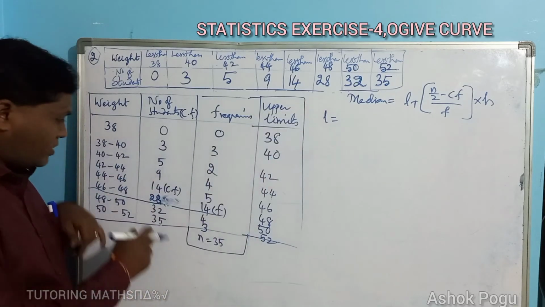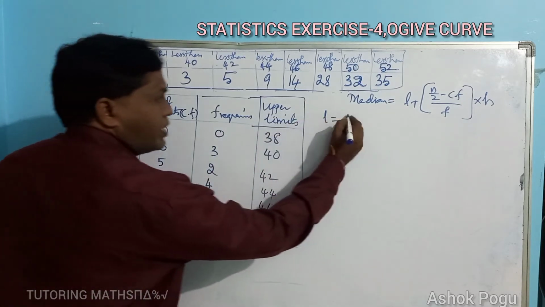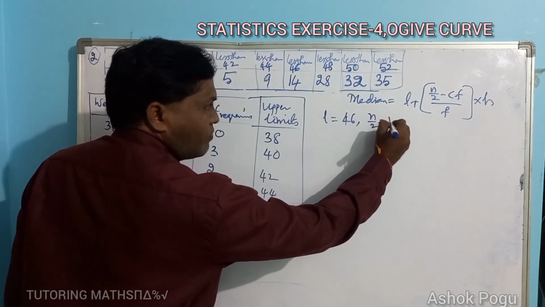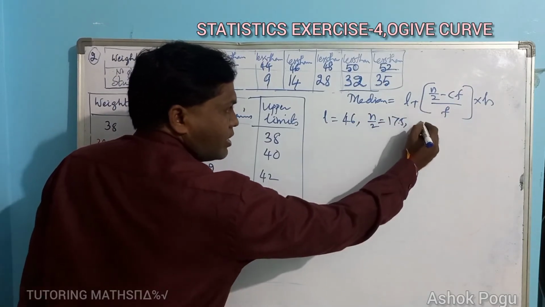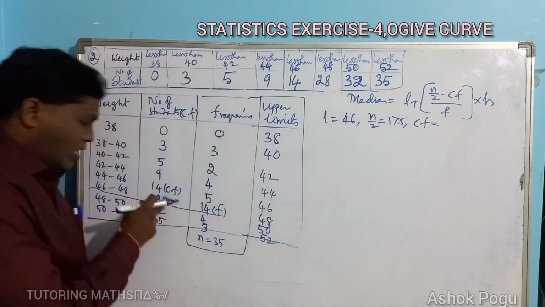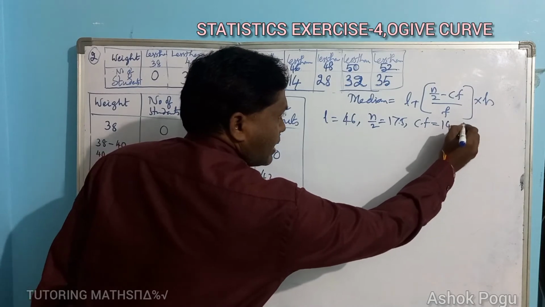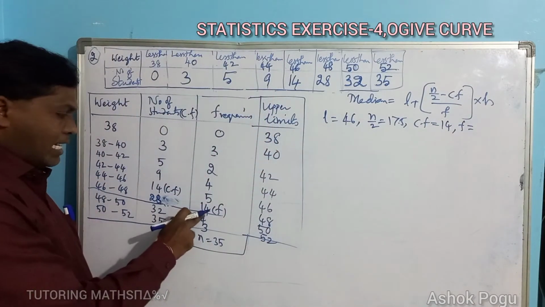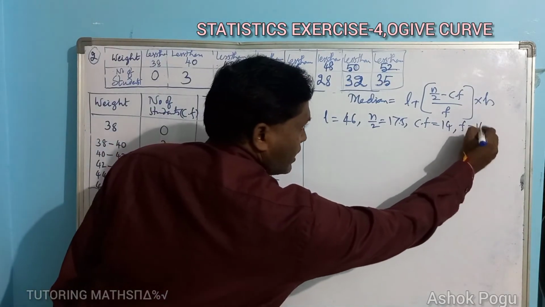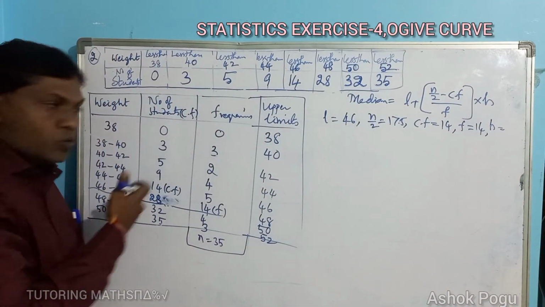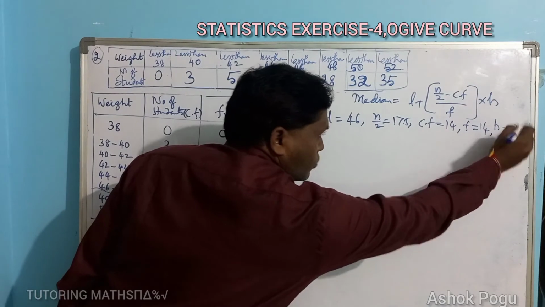Let us write the values first. L means lower boundary, that is 46, and next n by 2, half of 35 is 17.5. Cumulative frequency of the preceding class of the median class is 14, and small f is the median class frequency, that is 14, and h, that is the height of the classes, is 2, increasing by 2 is the difference.